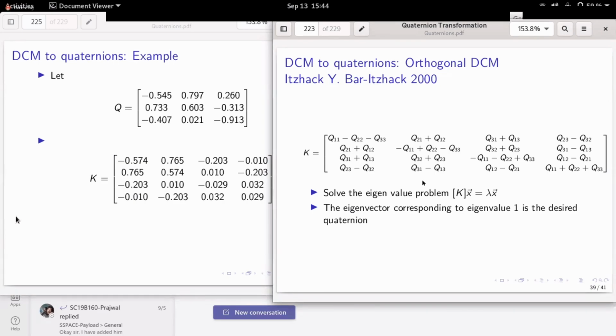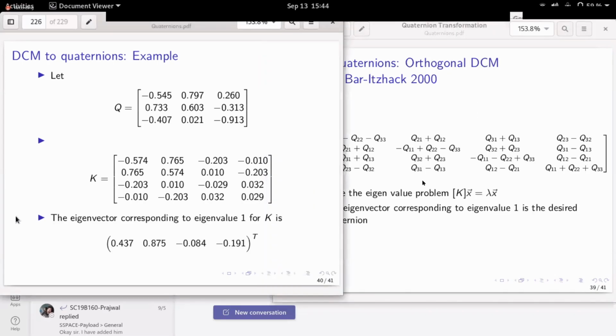Effectively, that's what we have to do. If you compute the eigenvector corresponding to eigenvalue 1 for this particular matrix, which I will go back and verify, you will get this expression. If you convert this expression to norm 1, then you will get the corresponding eigenvector.